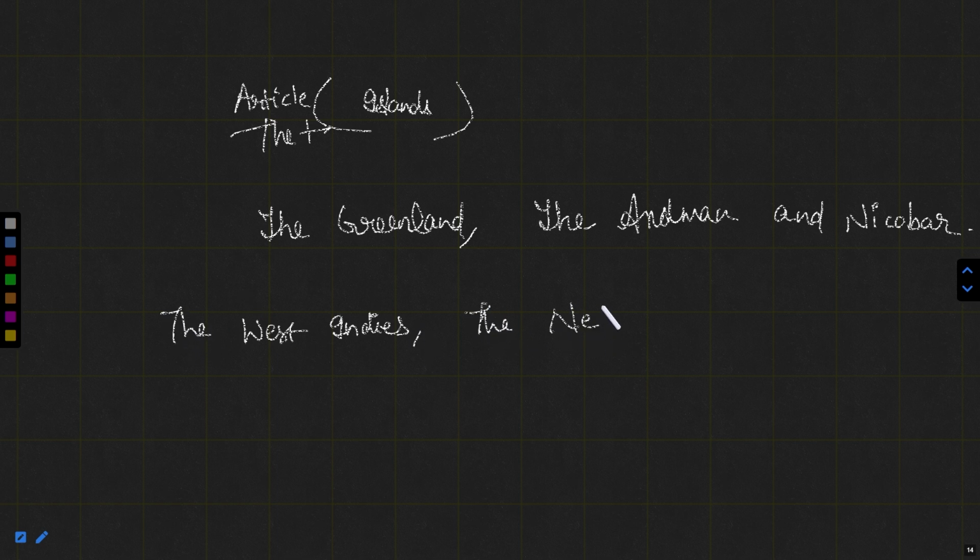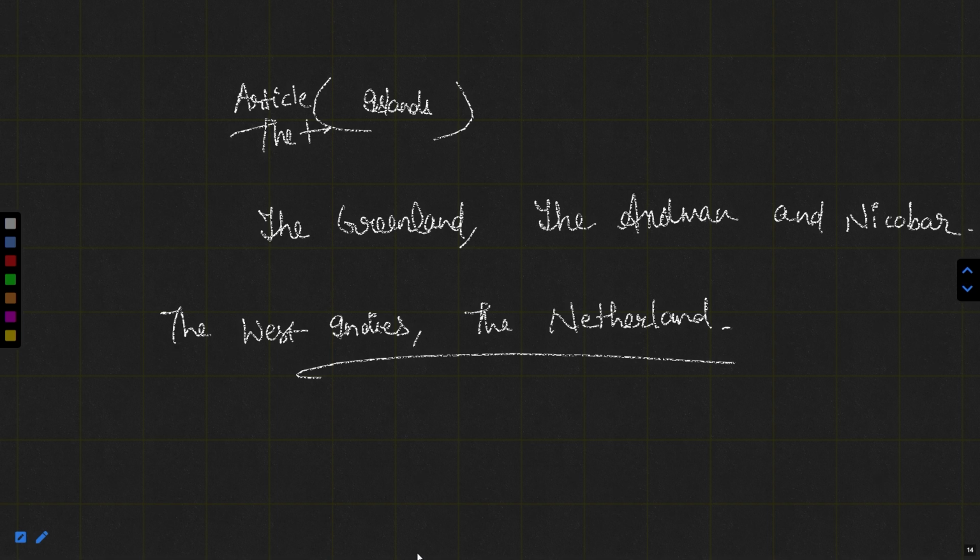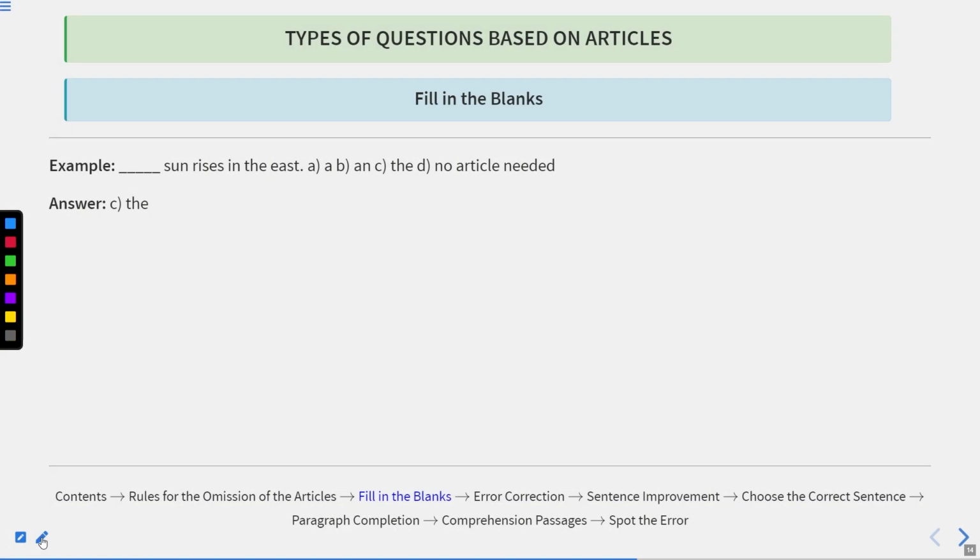Because the Netherlands is also a chain of islands, though it is the name of a country as well, still because it is the name of an island, we should use the before it. But before India we can't use the, because before the names of continents and countries, we cannot use any article.